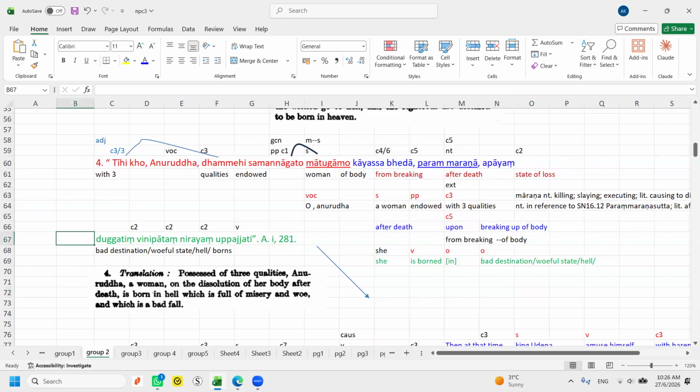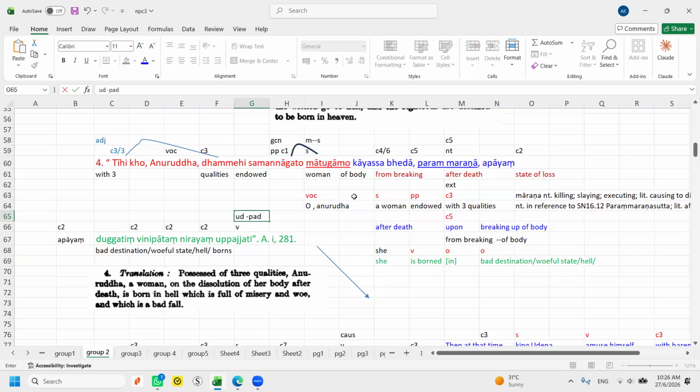Now this is a verb, upapajjati, that means ut plus pad, arises, born.